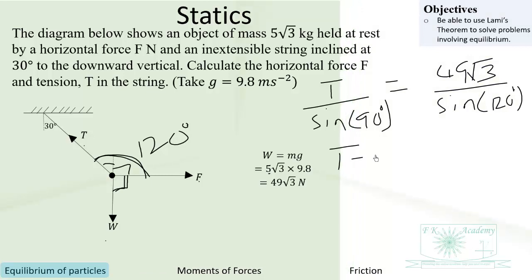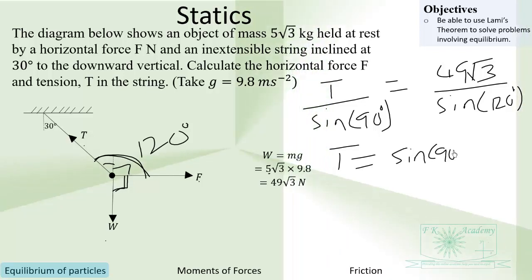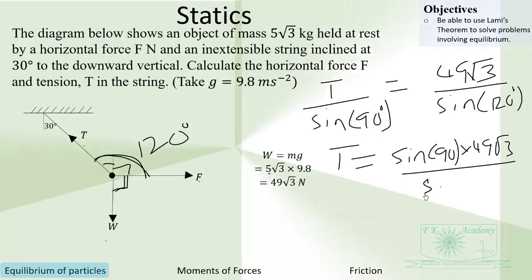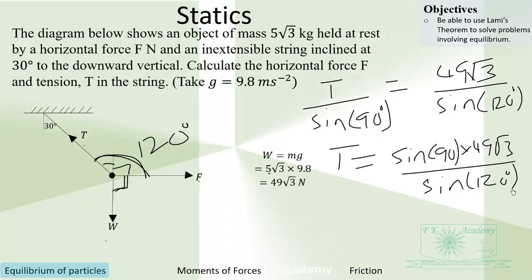So T will be equal to sine 90, which is 1, times 49√3 all over sine 120 degrees.